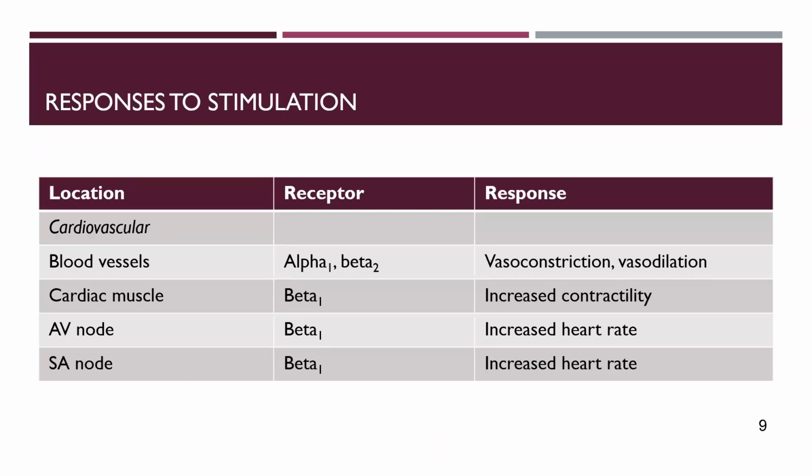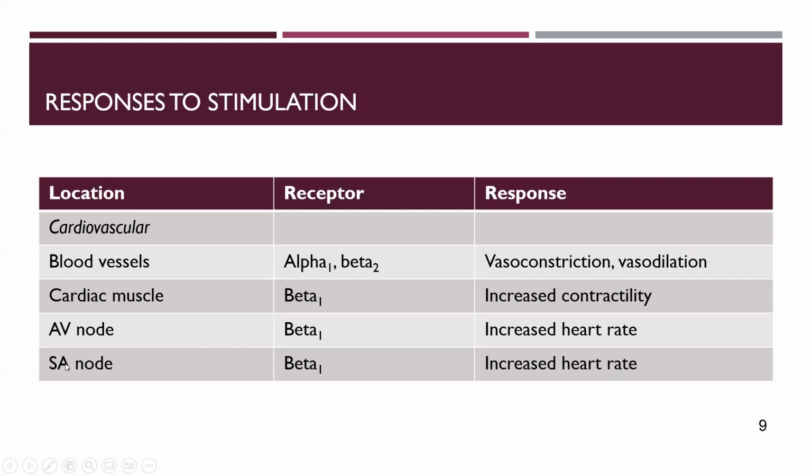So I like how your book set this up. It's all in a chart, but we've got it separated here. This is just the responses to the stimulation. So for example, with our blood vessels, alpha-1 and beta-2 are going to cause vasoconstriction or vasodilation. Cardiac muscle, beta-1, increased contractility, AV node, increased heart rate, SA node, increased heart rate.